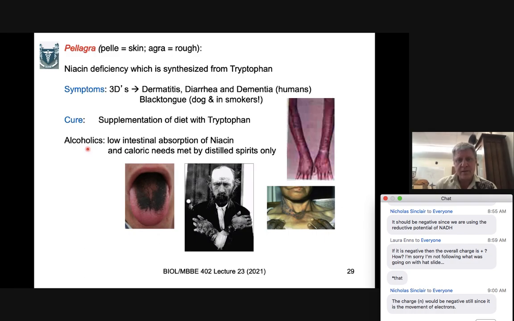Now, the interesting thing is you can live on beer alone if you have vitamin B3. So you can sustain yourself becoming a total alcoholic, if you desire, with caloric intake from distilled spirits or beer, as long as you get B3 supplemented into your diet.